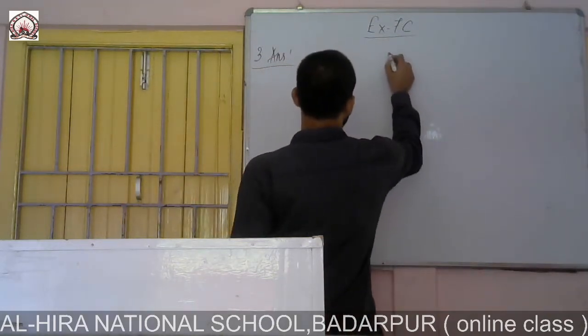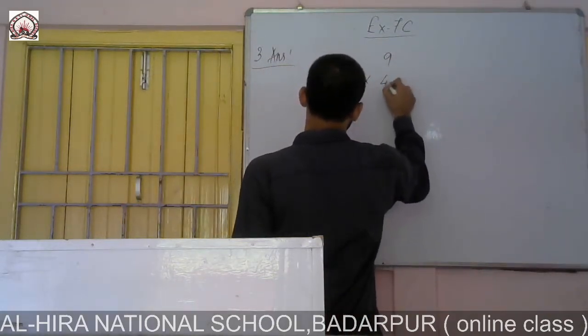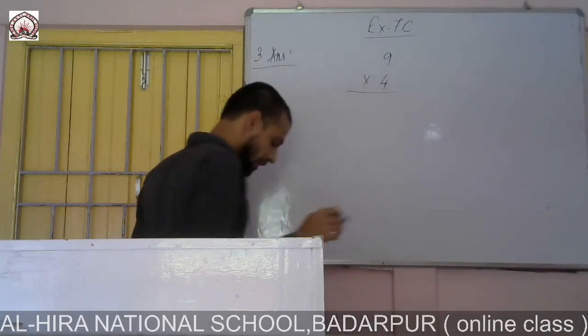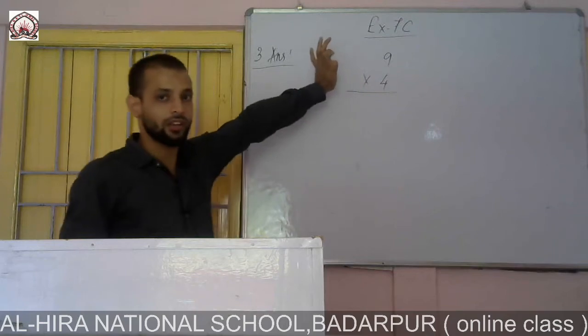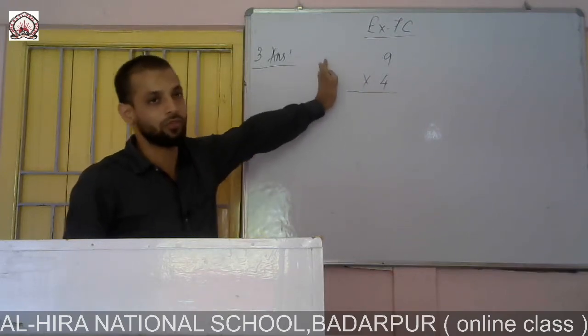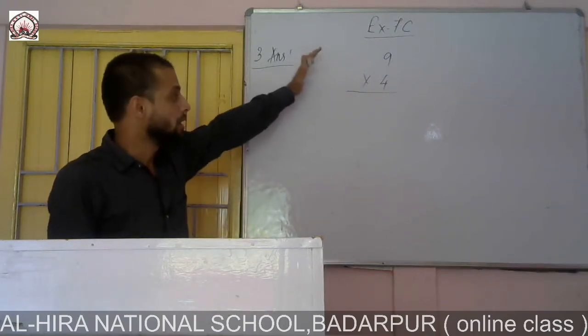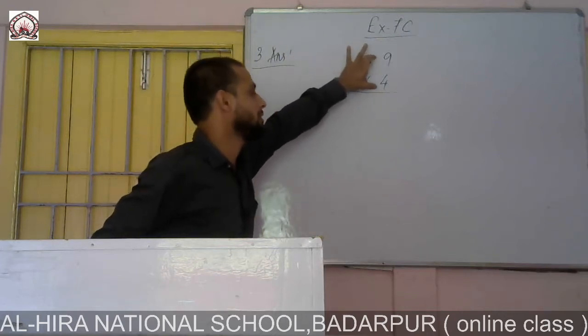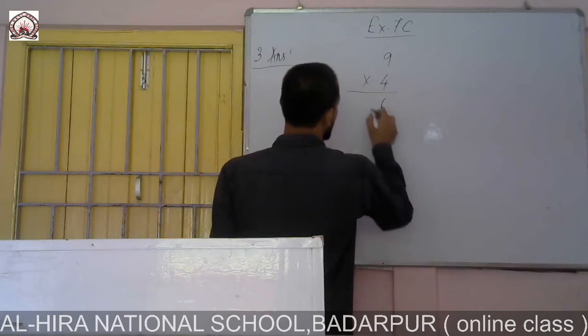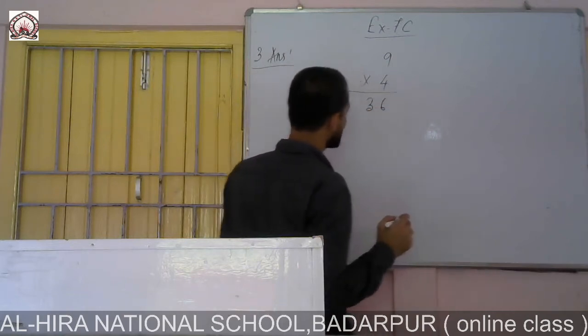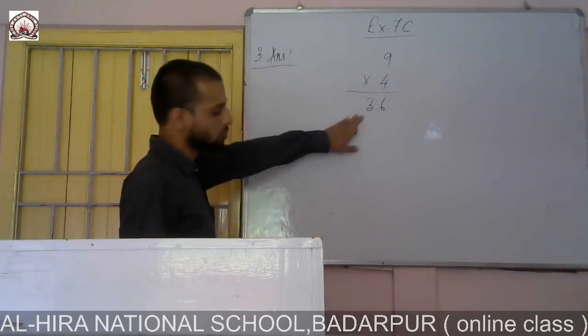So 9 multiplied by what? 4. So here we'll get two digits, that is 9 and 4. You can follow either the 4 multiplication table or the 9 multiplication table. Any table you can follow, no problem. So 9 4s are what? 36. 9 4s are 36. So here 6 will come to the ones place and 3 will come to which place?